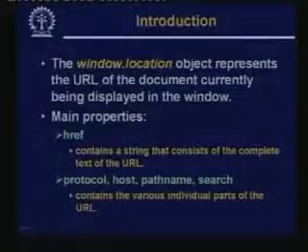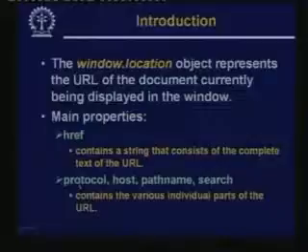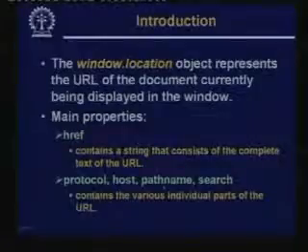But the different components of the URL you can also access separately by the attributes protocol, host, pathname, search. Protocol in the previous example will be HTTP, host will be www.iitkgp.ernet.in, pathname, if within the host you have specified some subdirectories like /doc/index.html, that portion will be in the pathname.